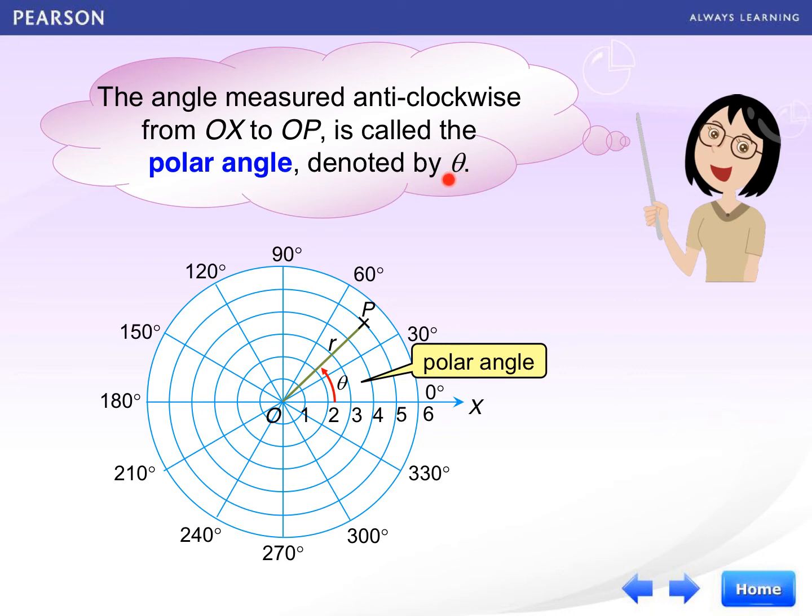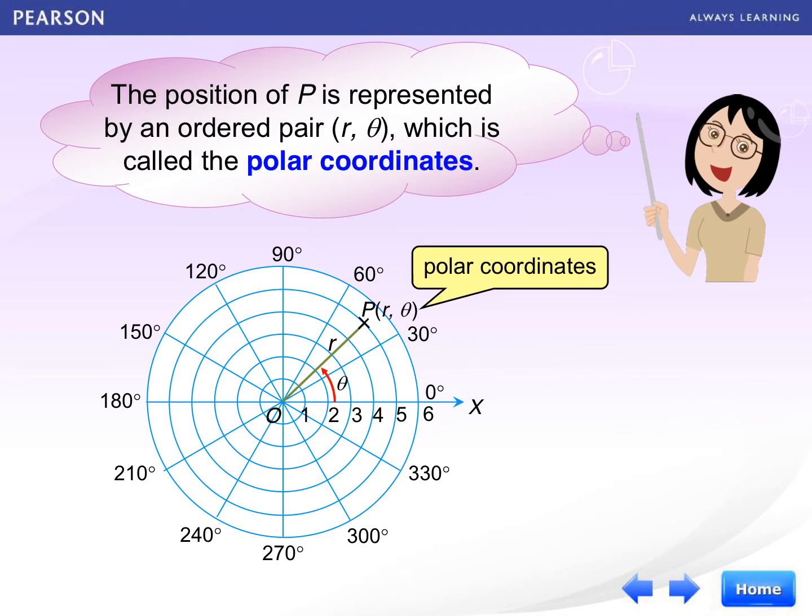We use theta to represent it. Also, we use an ordered pair (r, theta), where r is the radius vector and theta is the polar angle, to represent the position of P on the polar coordinate plane. The ordered pair is called the polar coordinates.